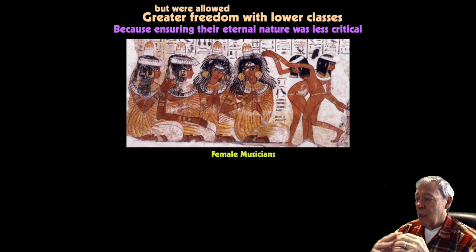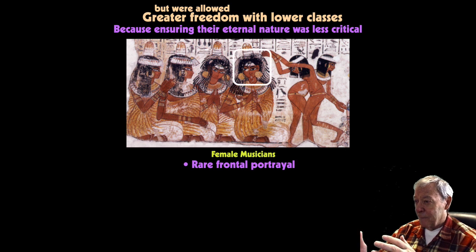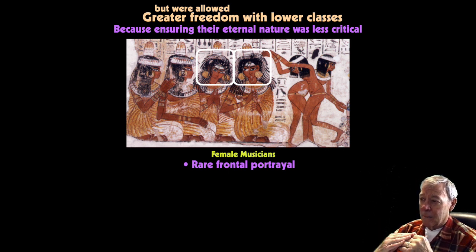And that is, when you look at the two rightmost musicians, notice that we see a very unusual breaking of convention with those 2 ladies. Okay, so what we see here is a very rare frontal facial portrayal. The other 2 are done conventionally, but those 2 are done with this very rare frontal portrayal.